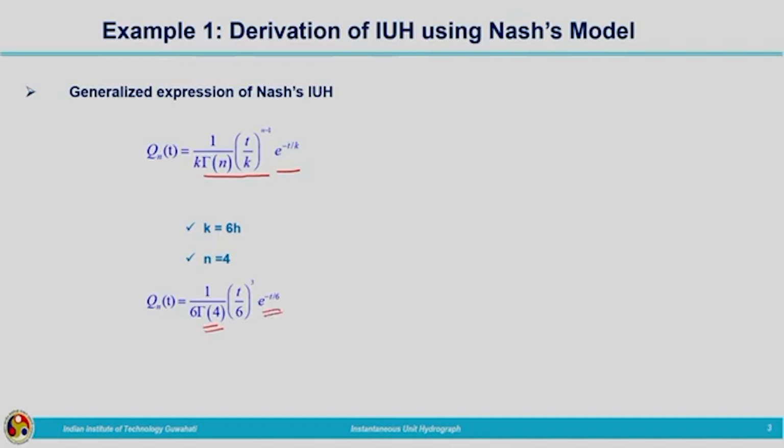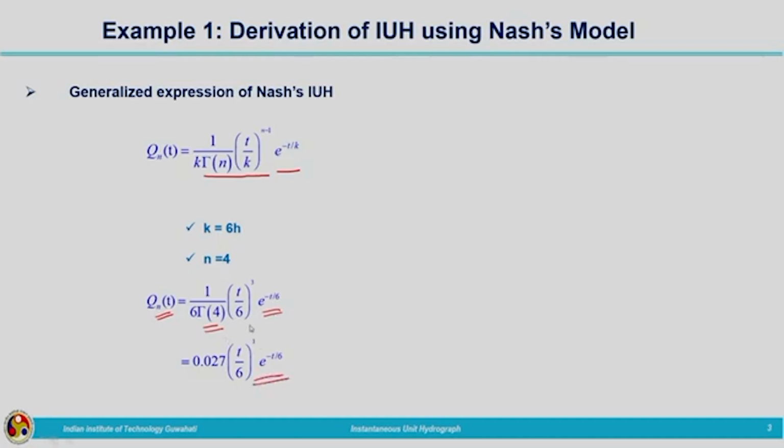What is gamma 4? Gamma n is n minus 1 factorial if n is an integer. Here in our case n is an integer. So gamma 4 is equal to 3 factorial, 1 into 2 into 3. So we can calculate the value corresponding to Q and t as 0.027 t by 6 to the power of 3, e to the power of minus t by 6.